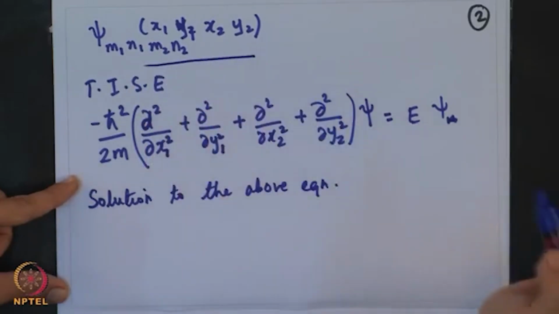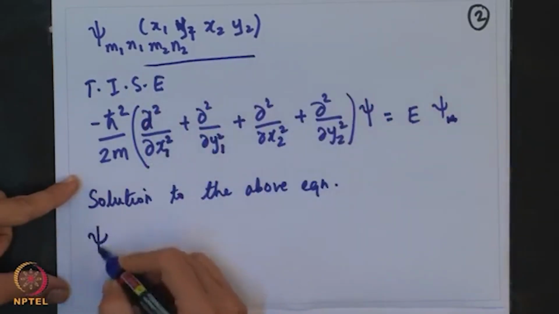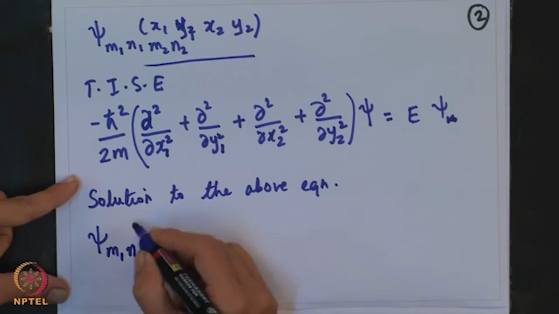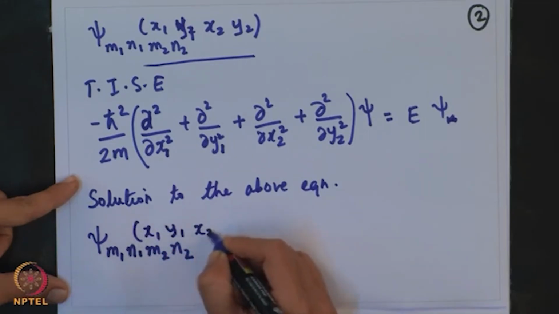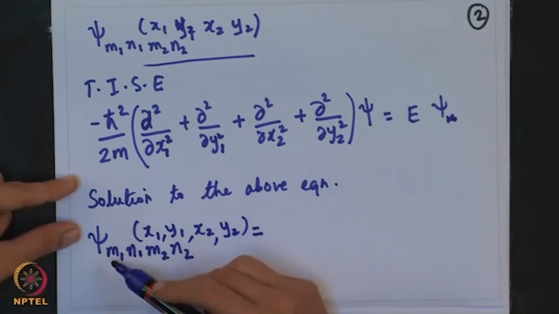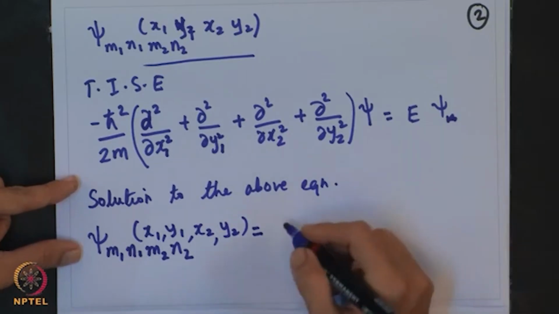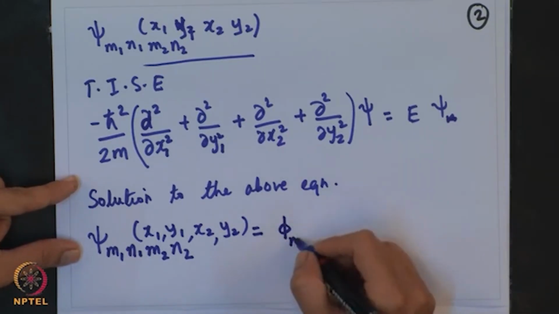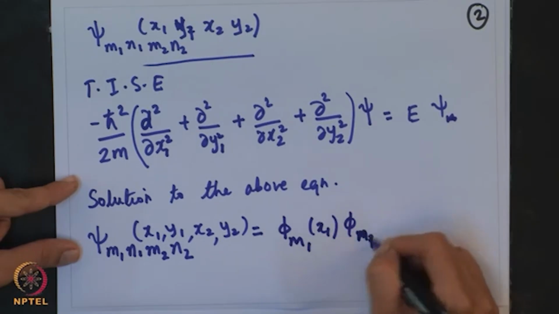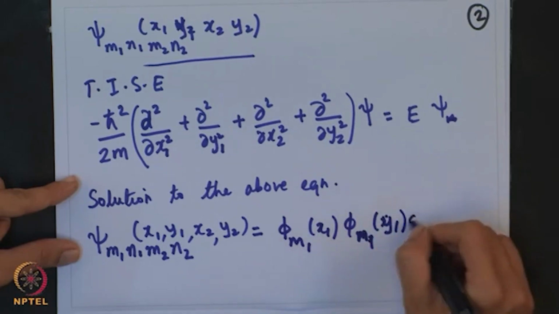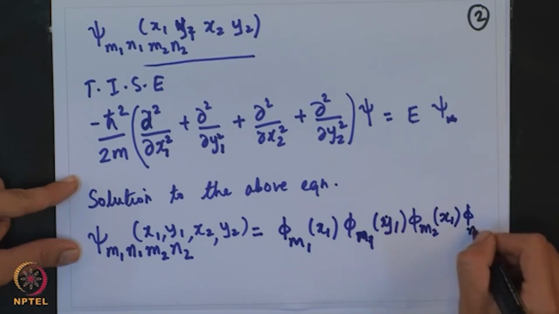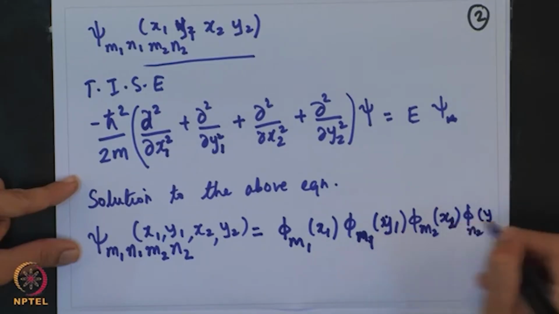This is the wave function we had already written, but this can be rewritten as a product of the wave functions of individual particles: phi m1 x1, phi n1 y1, phi m2 x2, phi n2 y2.